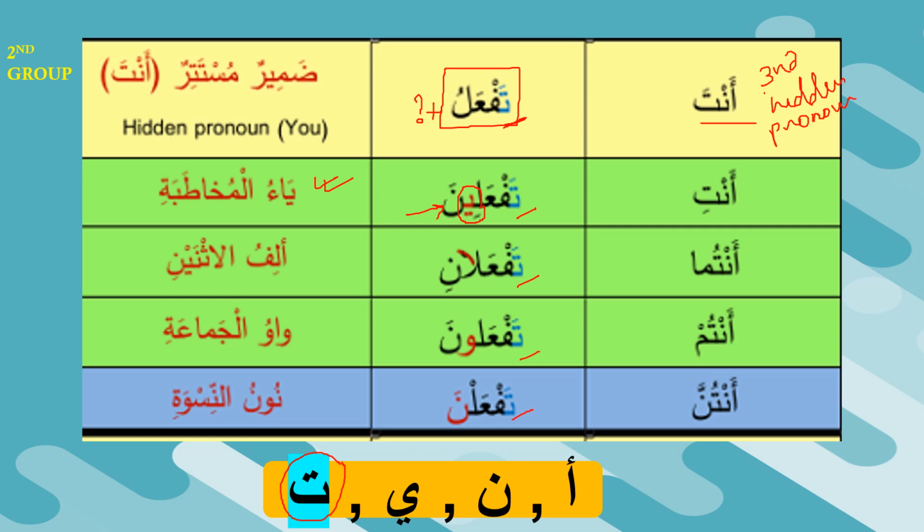Then antuma, and this is for the male and female dual in mukhatib. So the ta letter represents the second group and we have our fail as alif al-ithnain, and this represents the dual. It is in the fail position, so the pronoun is in the fail position. And similarly this noon is extra.